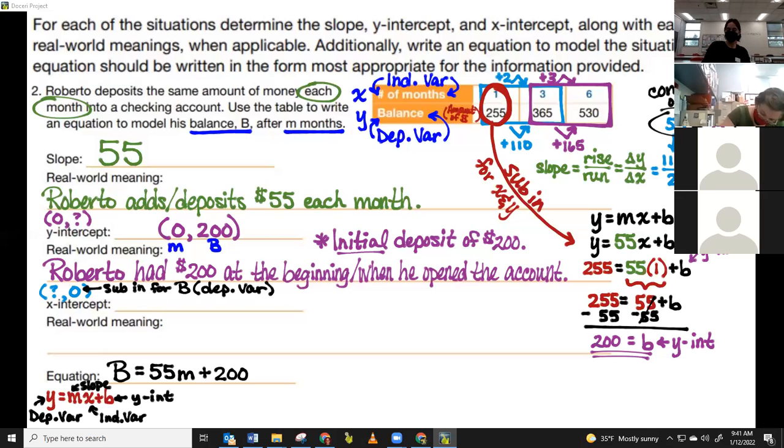All right, so our equation was B equals 55M plus 200. So 0 equals 55M plus 200. Where to from here?